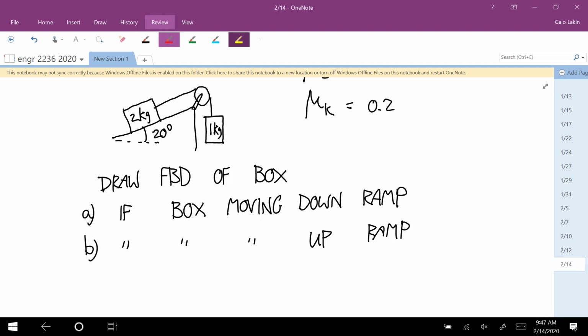Okay, so both of these are kinetic friction because there's relative sliding between those 2 objects.